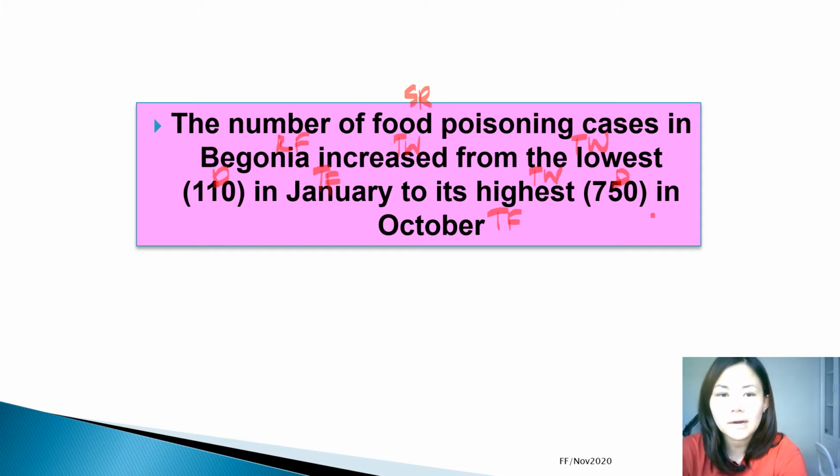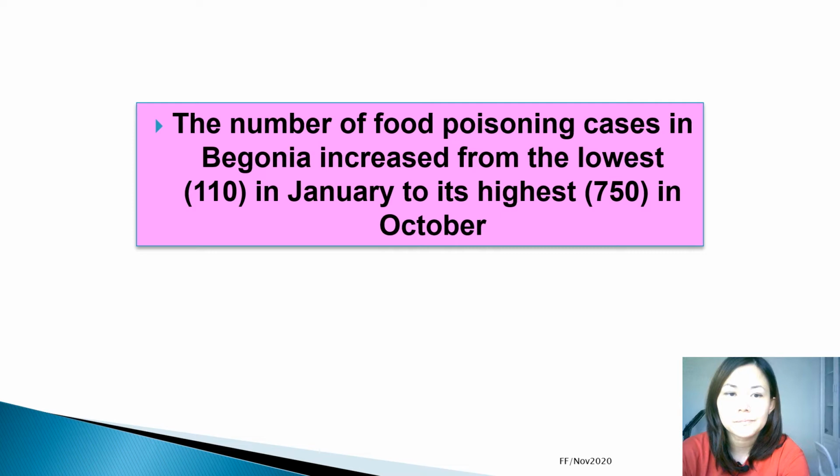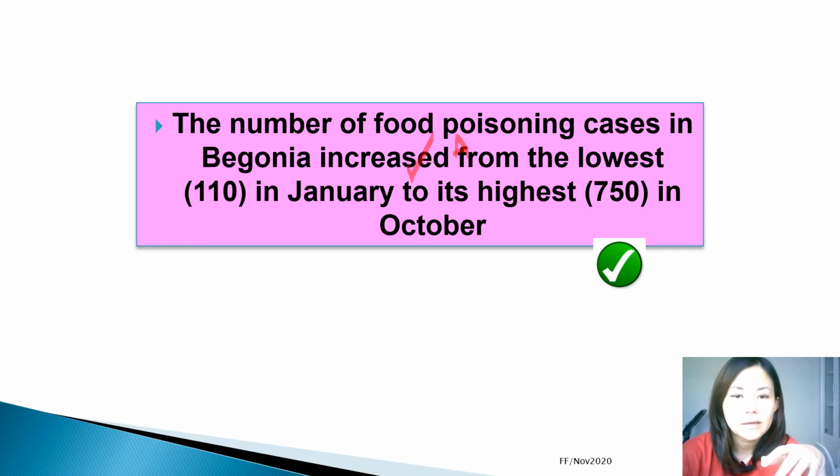So is this correct? Let's check. Yes, this is the correct answer. Make sure you have the subject reference correct, key feature. There's one A here. The lowest, another trend word, A, and then the highest, another A. So there are three A's in this sentence, and this is what we call a good quality of analysis.